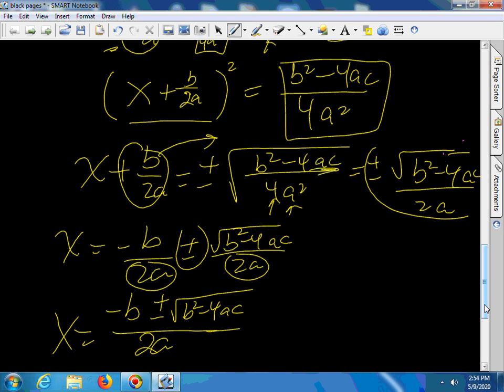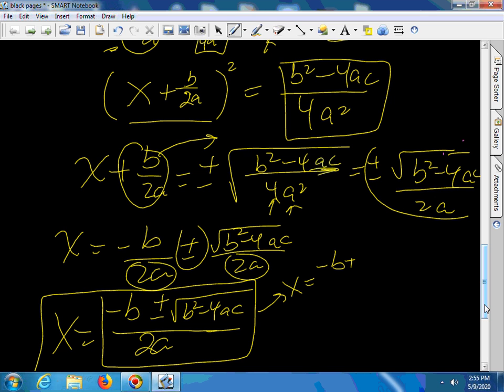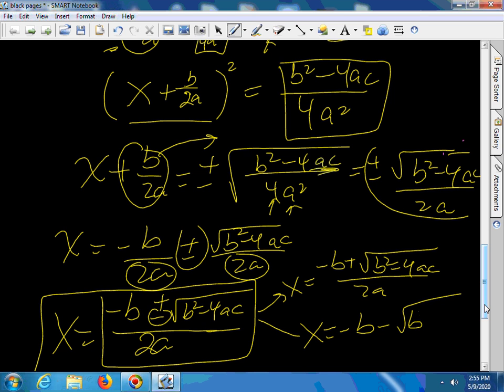So that's the quadratic formula. And what's in the box is two numbers. It's x is equal to negative b plus the square root of b squared minus 4ac over 2a, and negative b, and now I use the minus, the square root of b squared minus 4ac all over twice a.